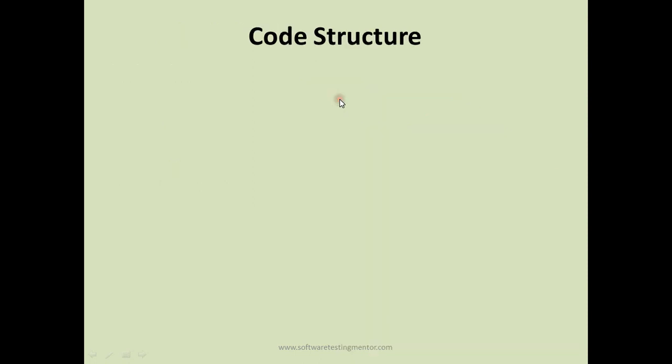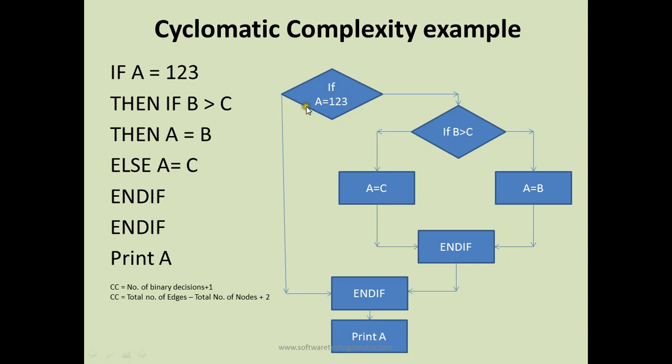These are the nodes, all the boxes are the nodes. Count the nodes: 1, 2, 3, 4, 5, 6, 7. So edges were 8, nodes were 7. So 8 minus 7 plus 2. 8 minus 7 is 1, 1 plus 2 is 3. So cyclomatic complexity is 3 for this piece of code.